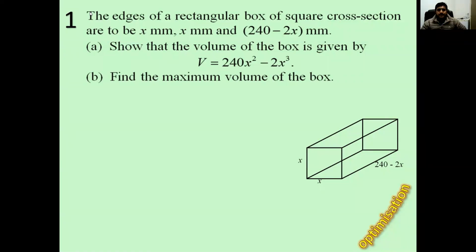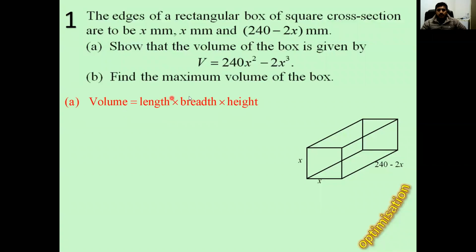All right, Parsons. So if we've done that, we know the volume for a rectangular box. It's very simple: length times breadth times height. Now we're going to substitute the length, breadth, and height. Quickly do that. And you should be getting x times x into 240 minus 2x.